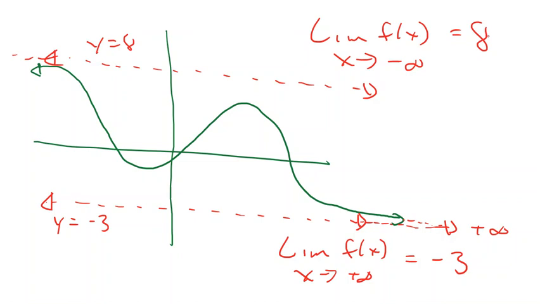One last quick example. We have to remember with limits at infinity is we don't care what the graph is doing except at infinity. So what if we had a vertical asymptote? See, there's a vertical asymptote right here.